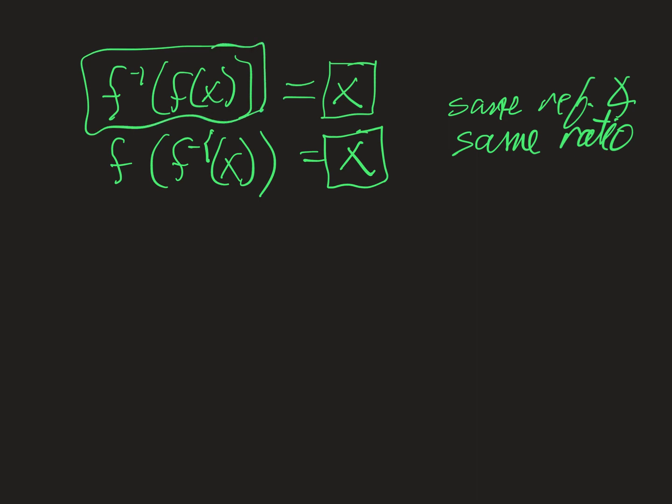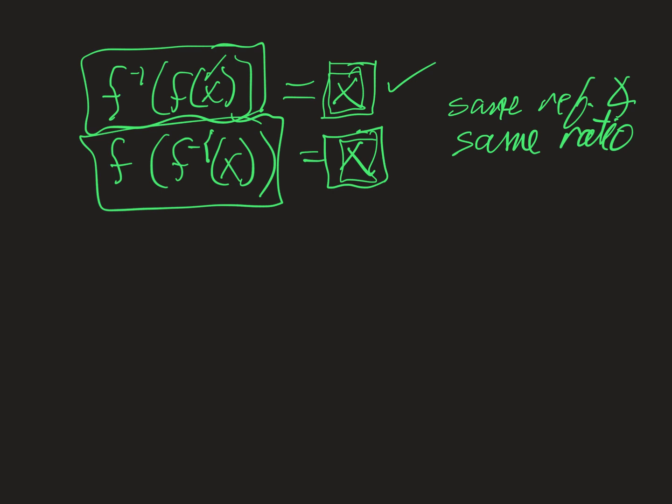But that does not mean that the x value you start with in here is going to be the x value you have out here. And that has to do with how these domains intersect and overlap each other. So one more domain comment, and then we're going to work on these problems.